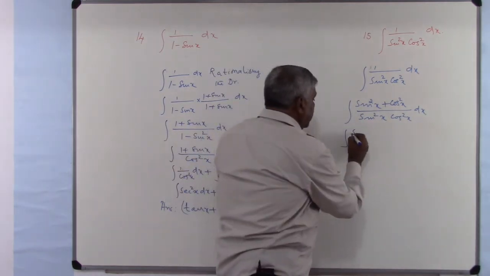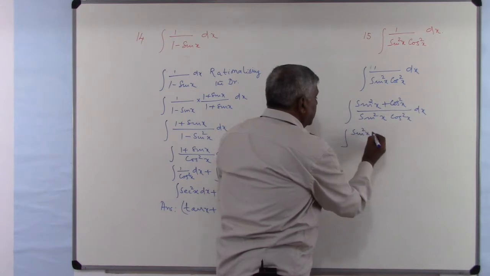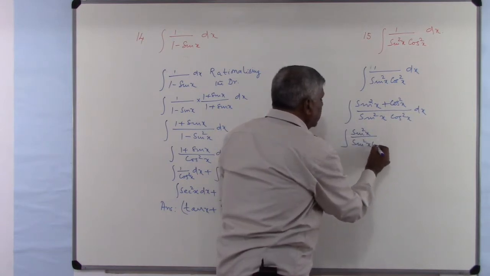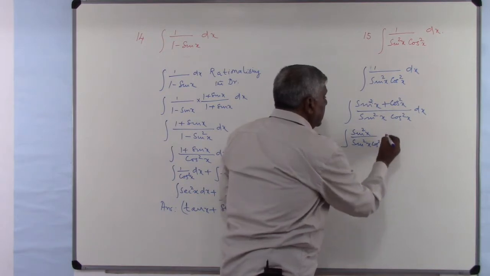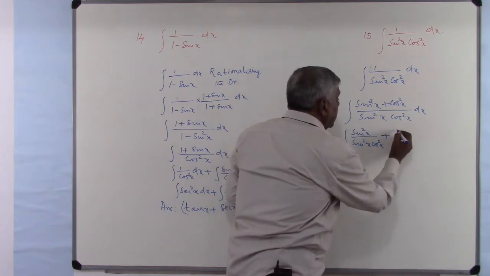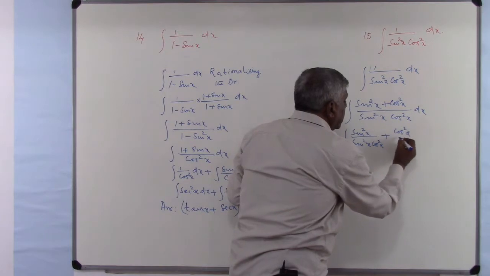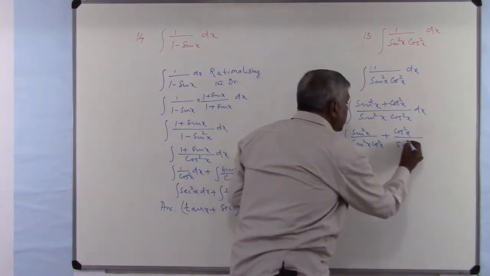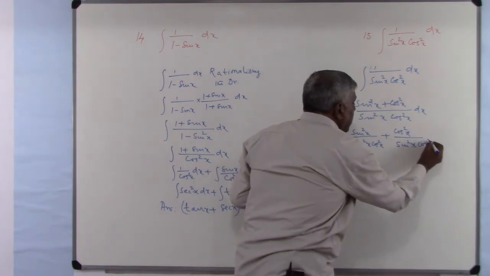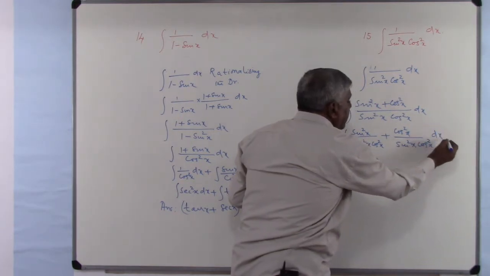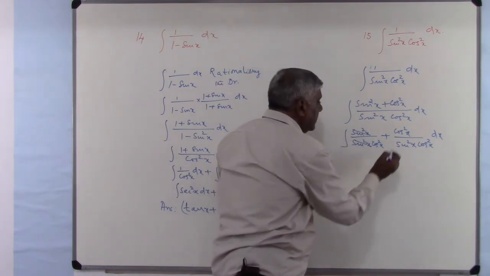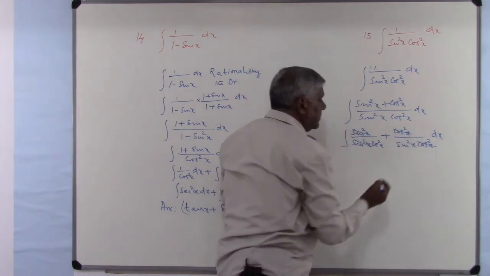Same as what we did in the previous problem. Sin square x by sin square x cos square x plus cos square x by sin square x cos square x dx. Now you can see here, this goes and this goes.